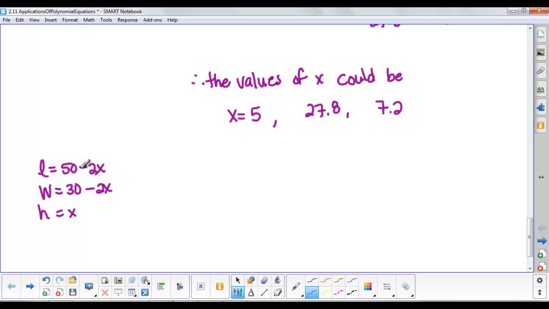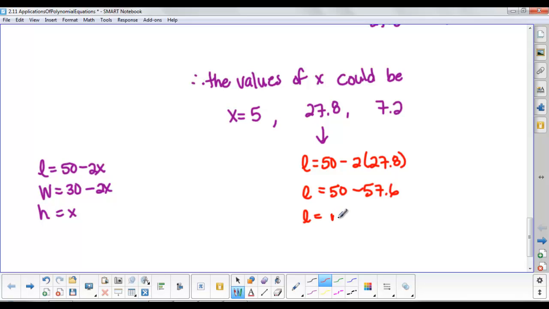If we sub in 50 minus 2 times 27.8, we actually end up getting 50 minus 57.6, which means we're going to end up with a negative value for our length, which doesn't make sense.